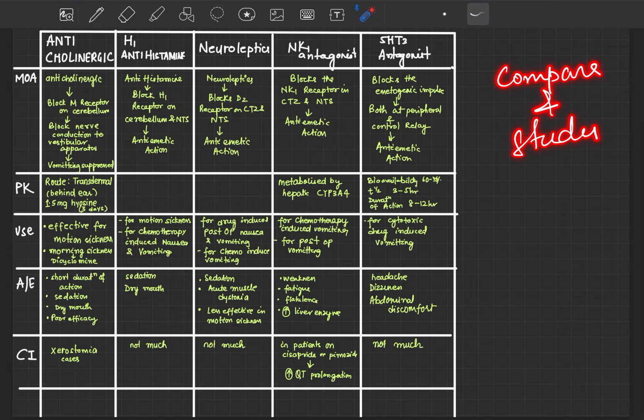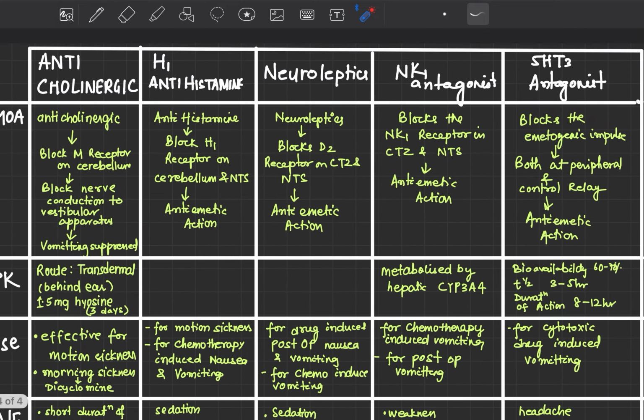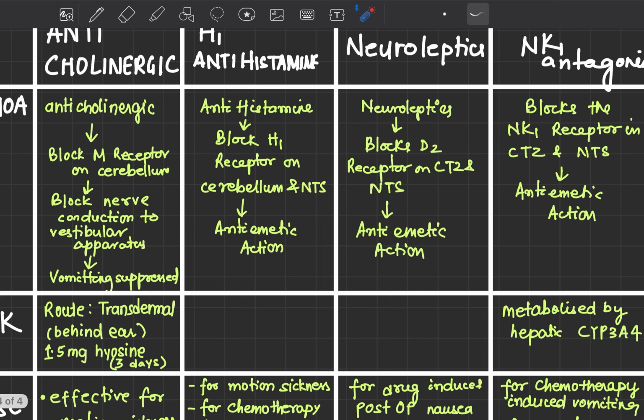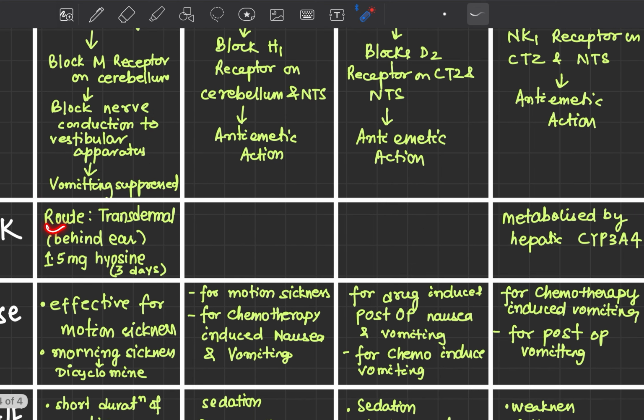So let's start with anticholinergics. The mechanism of action is blockage of the M receptor, which blocks nerve conduction to the vestibular apparatus, and vomiting is suppressed. Its route is transdermal. A 1.5 mg hyoscine patch is given; you can write that in dosage, for 3 days.